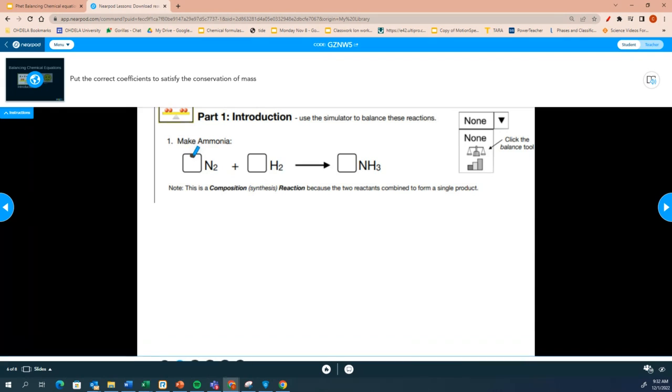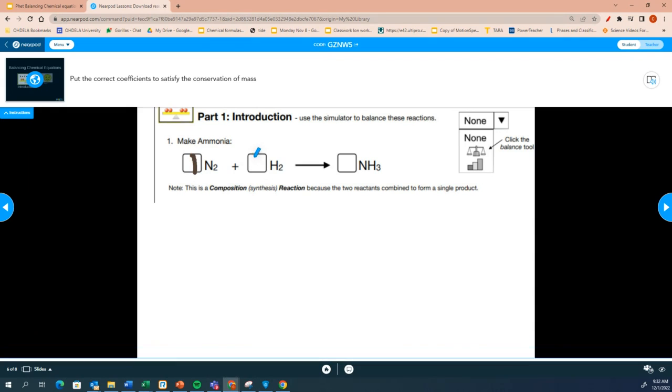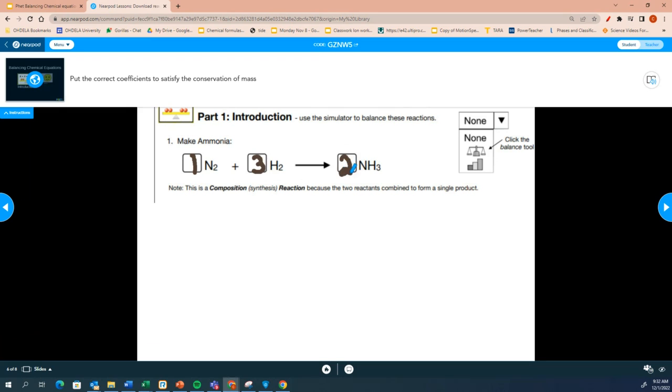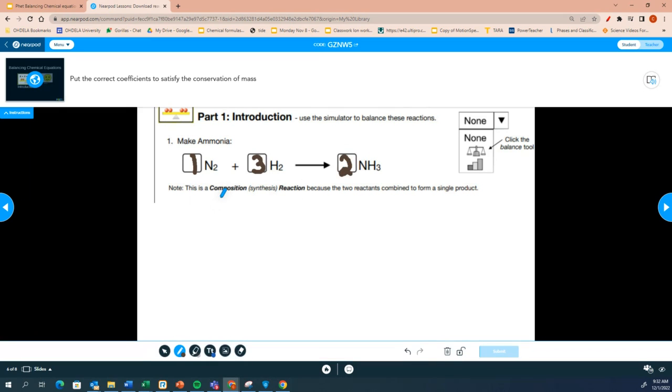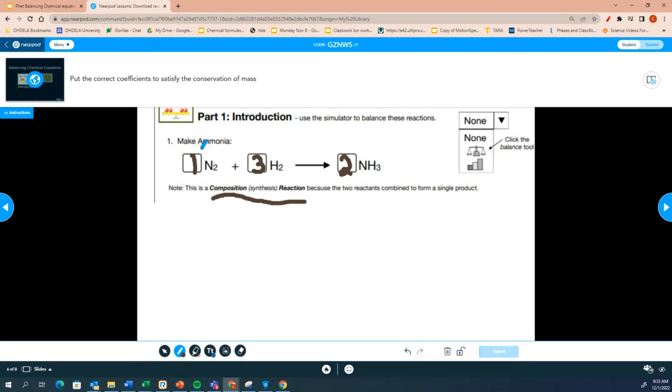What you want to do is put 1 nitrogen, 3 of those, and 2 of those. And notice this is, we're going to be talking about this later, called a synthesis reaction. 2 reactants form a single product. So 2 of these, nitrogen and hydrogen, gives us one thing, okay?